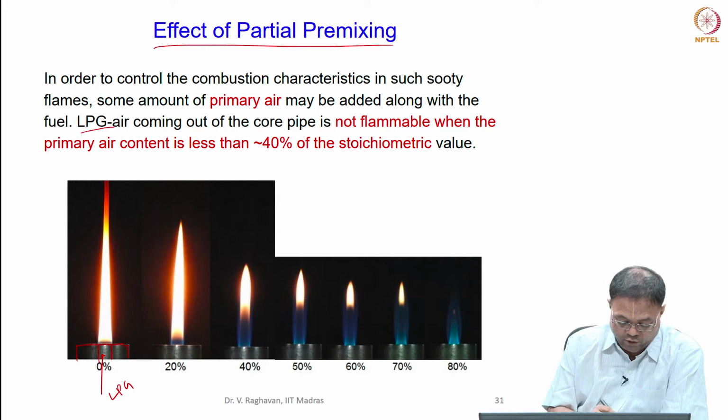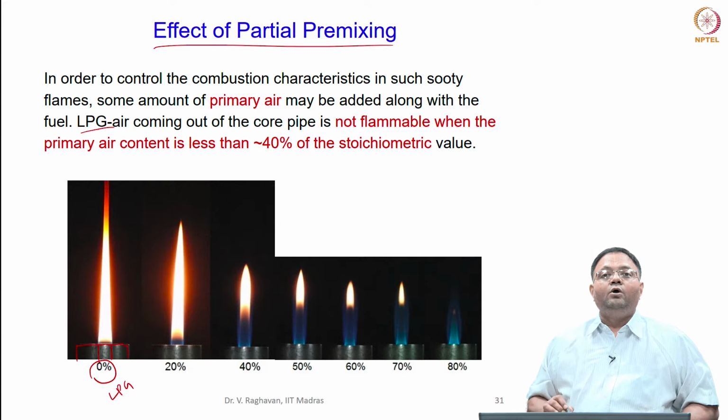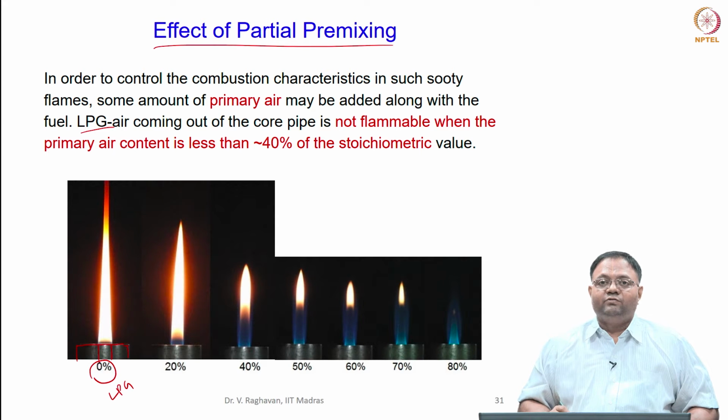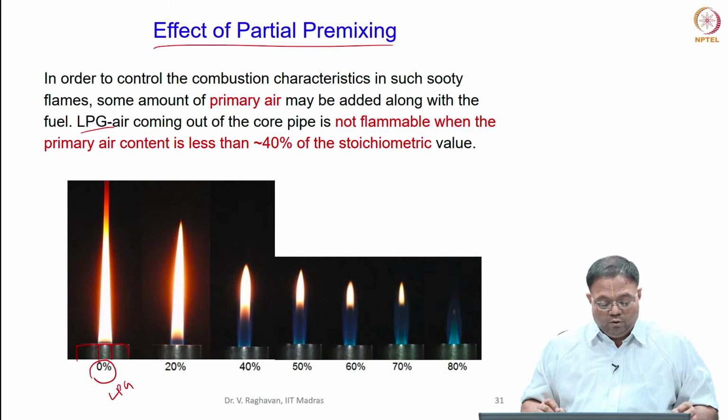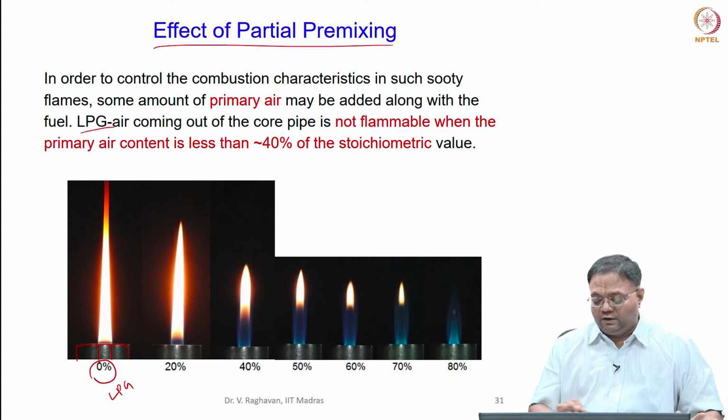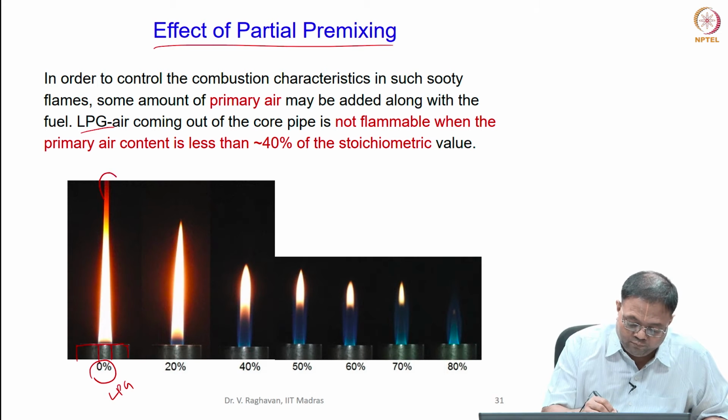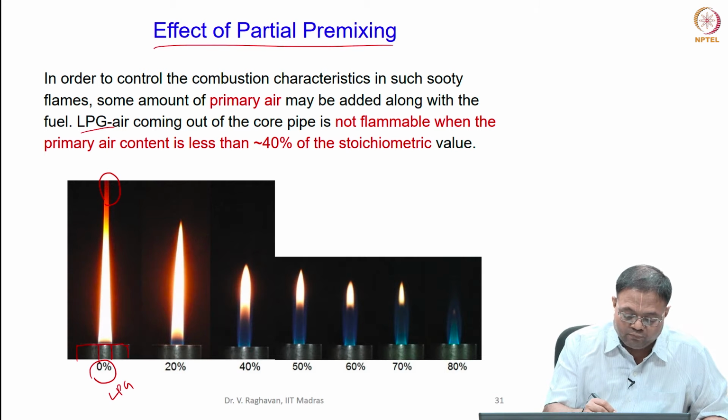So, now when I say 0%, there is no partial premixing, no primary air is supplied, only LPG is supplied at a given flow rate. The flow rate of LPG is kept constant in this. Now you can see that smoke forms at the tip.